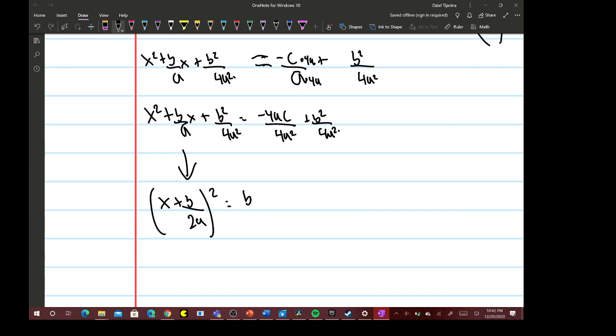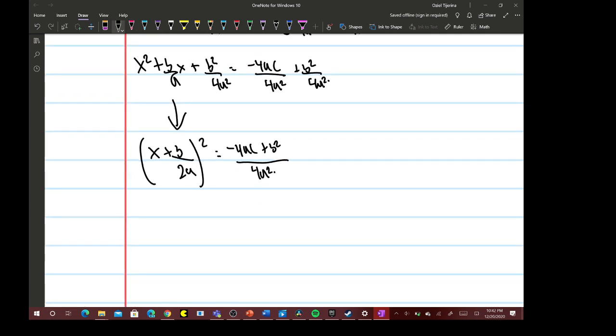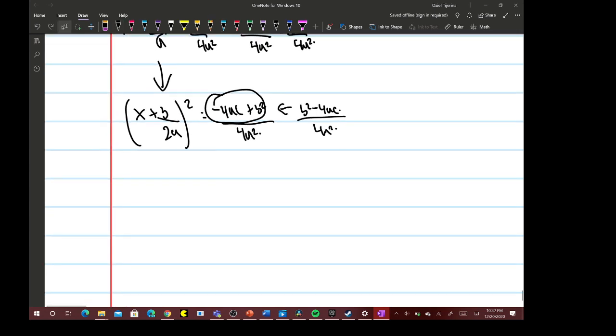So basically, you have negative 4ac plus b squared over 4a squared. This term can be rearranged as b squared minus 4ac over 4a squared. Okay, so then we can say that x plus b over 2a quantity squared equals b squared minus 4ac over 4a squared.